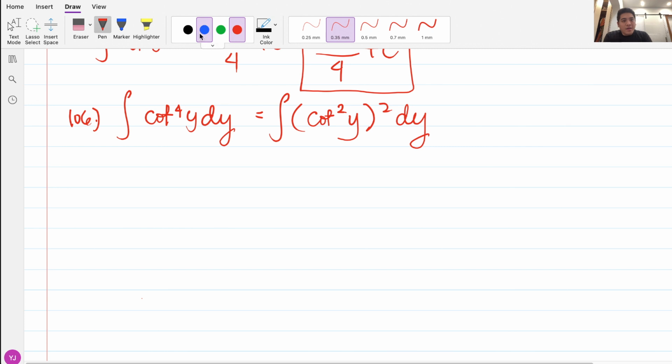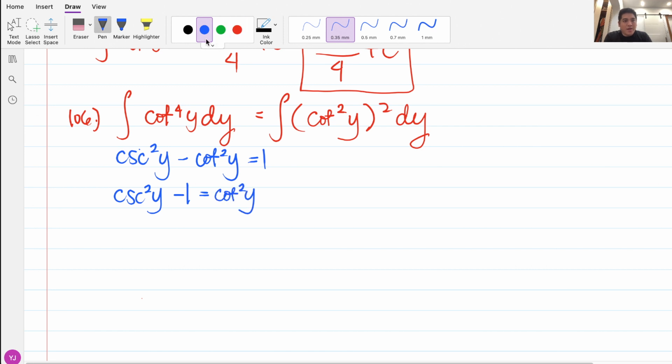Taking advantage again of the Pythagorean identities for the cotangent, we have cosecant squared y minus cotangent squared y equals 1. So if I substitute it, I get cosecant squared y minus 1 equals cotangent squared y, of which I can simply substitute.